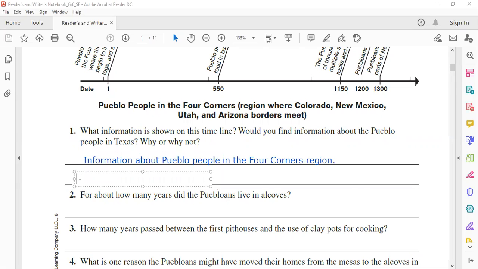Okay, and then you would say no, because they didn't mention.